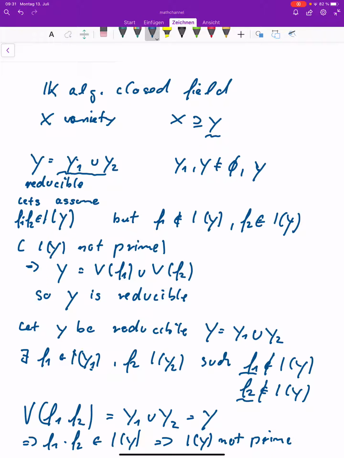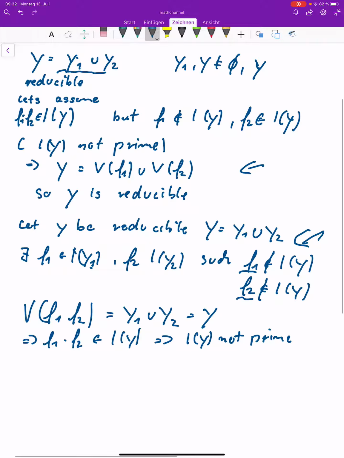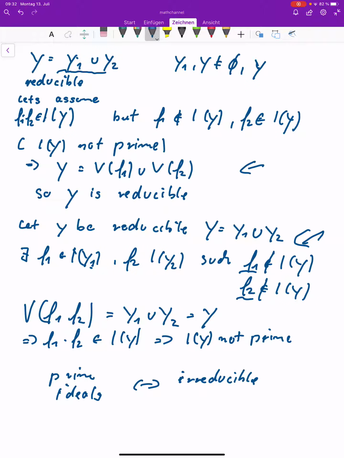So if you look now at both of these statements we have proved, we have looked at this one here and this one, you see that there is this correspondence between prime ideals on the commutative algebra side, and these correspond to irreducible varieties.